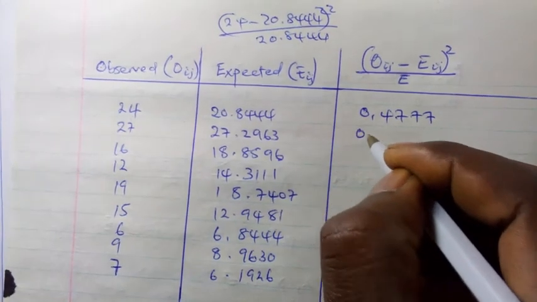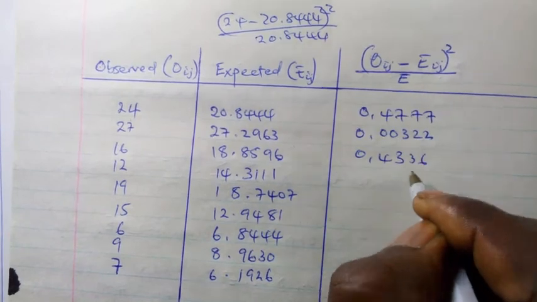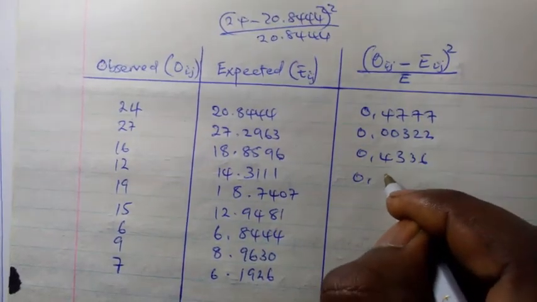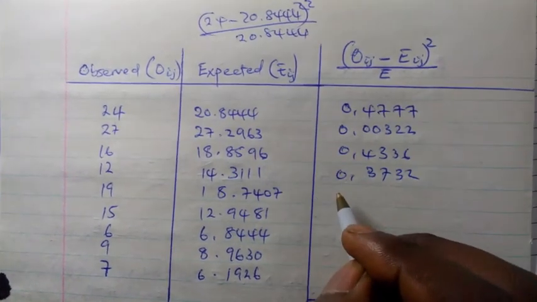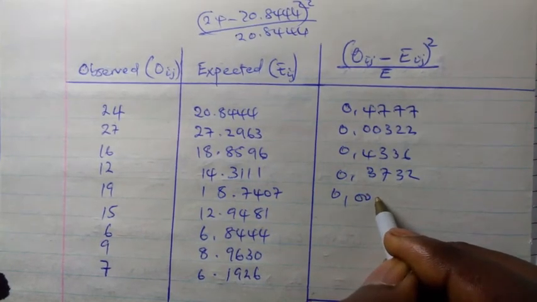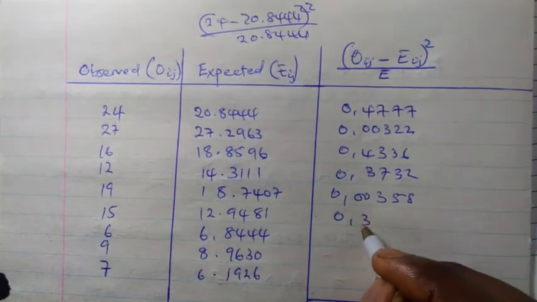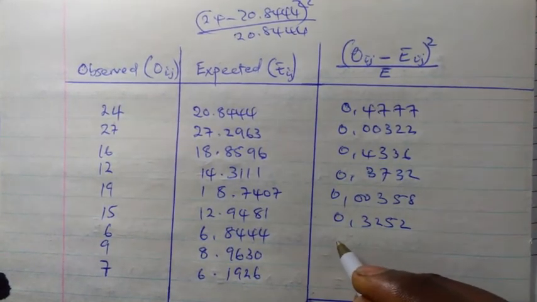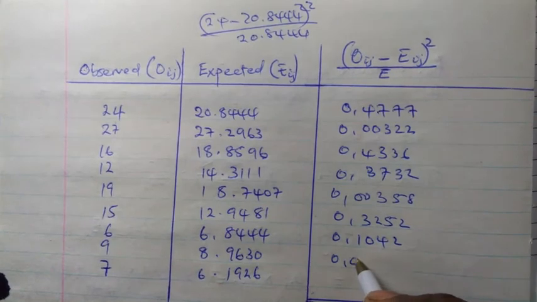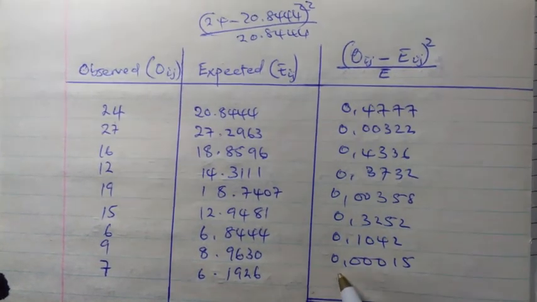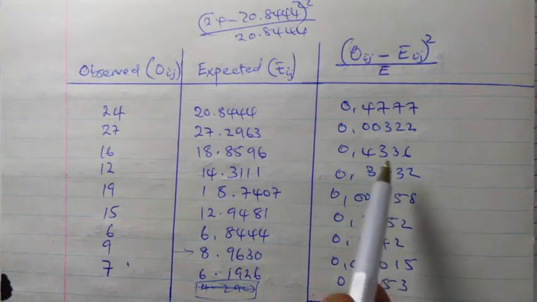Here I got 0.00322, then 0.4336, 0.3732, and 0.00358, then 0.3252, then 0.1042, then 0.00015, and lastly 0.1053.